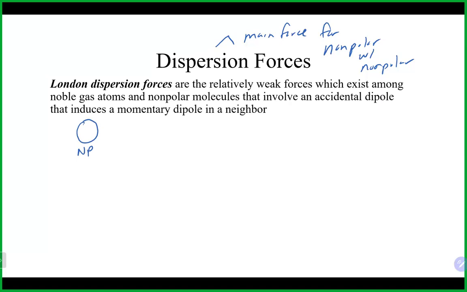So one way that you can make dispersion forces happen is you can induce it. It is sometimes referred to, for example, as an ion-induced dipole. What that means is if I took a positive ion and it rolled up on my nonpolar molecule here, the electrons in that nonpolar molecule are going to be attracted to that positive ion.